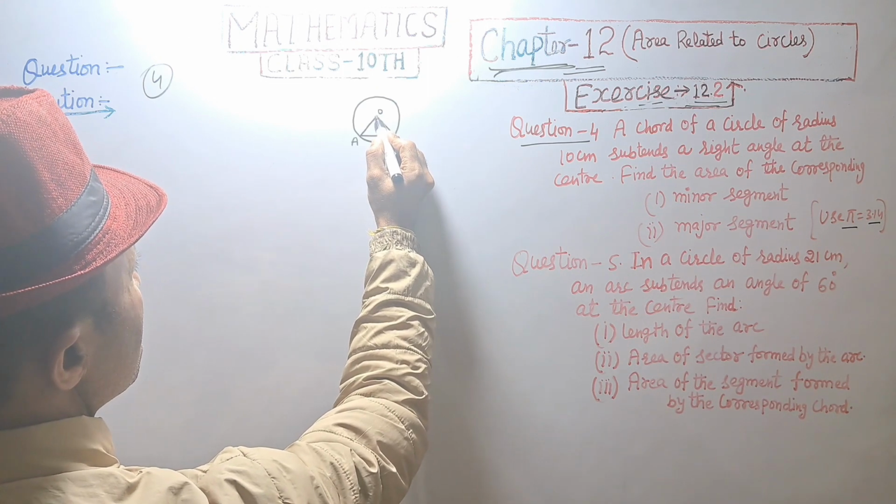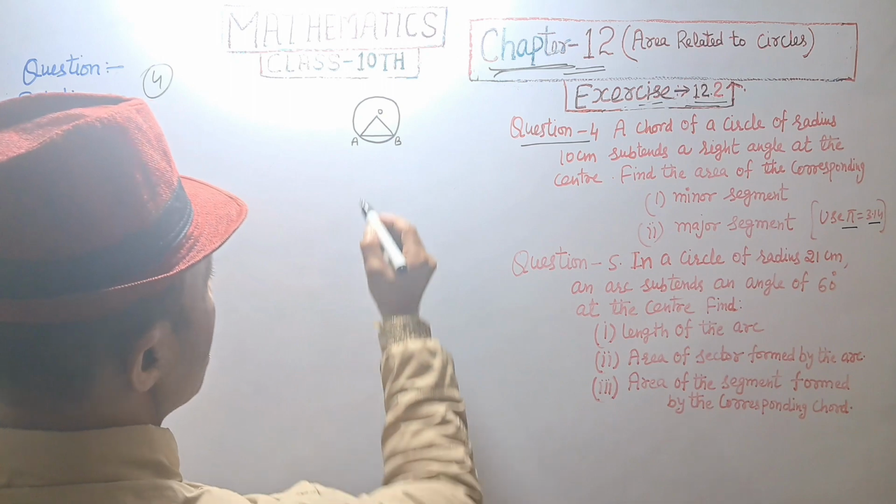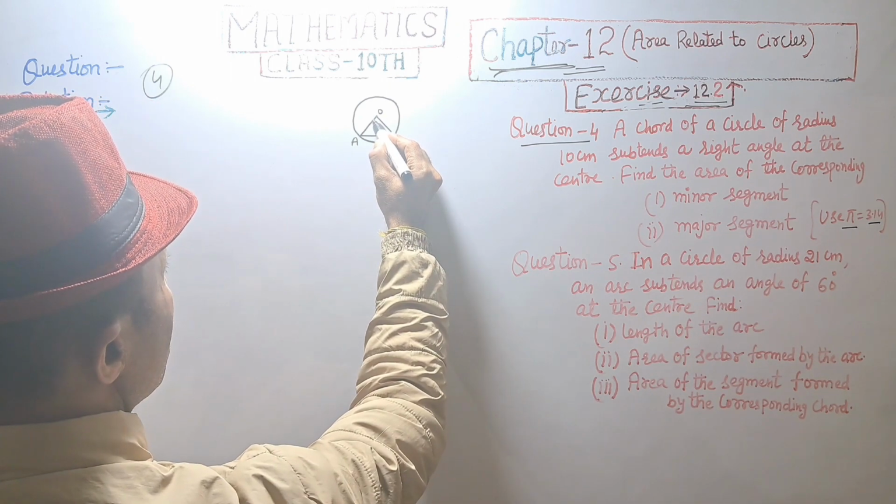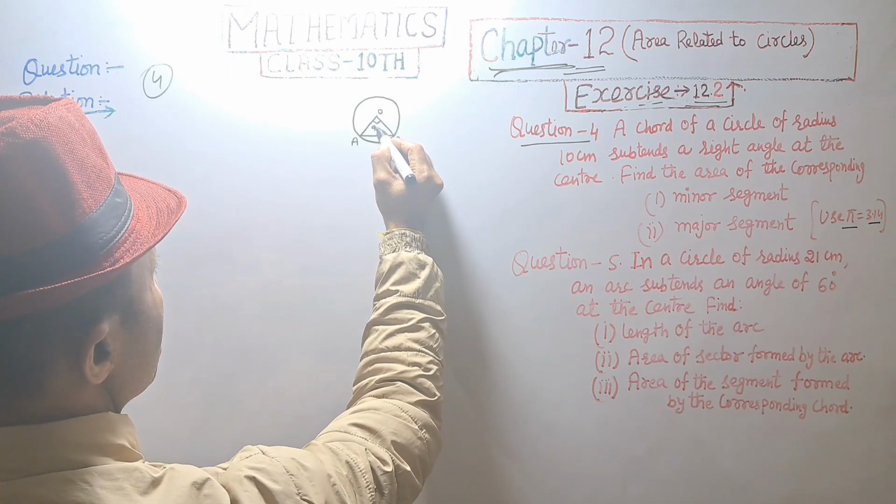Chord AB, center O, and right angle 90 degree.